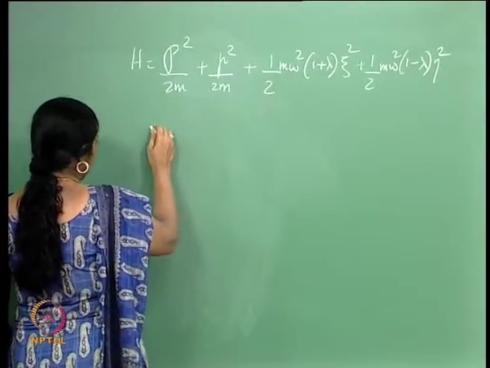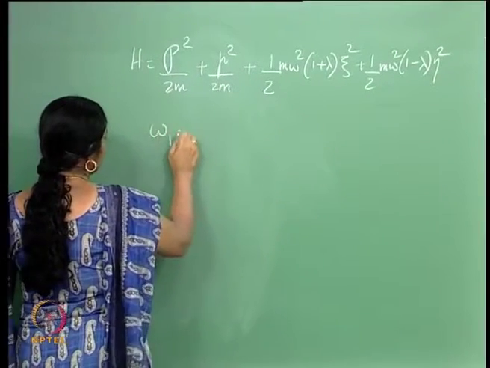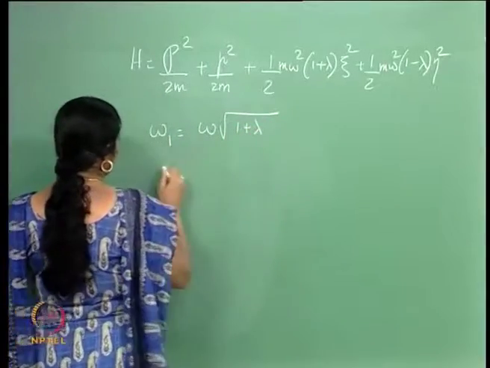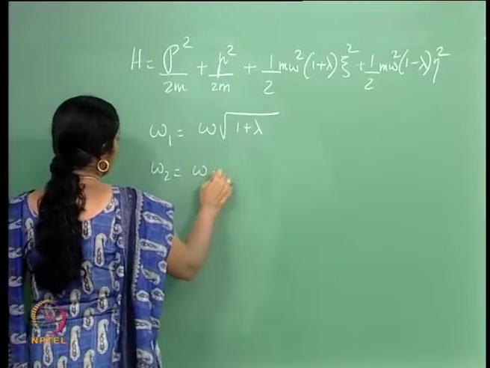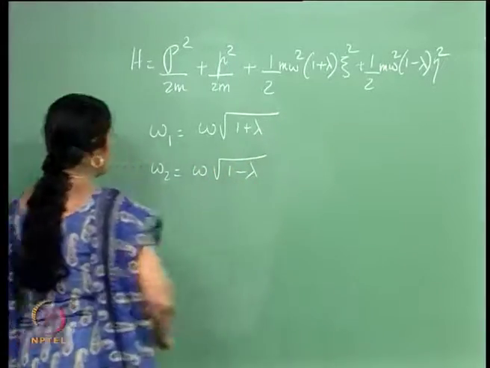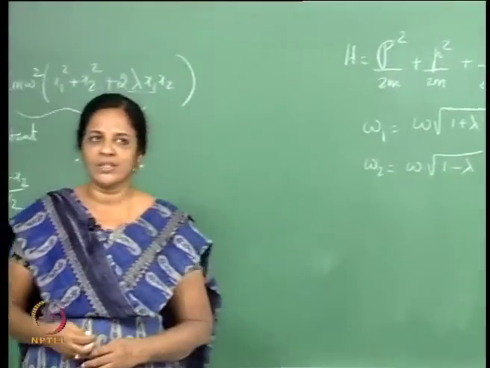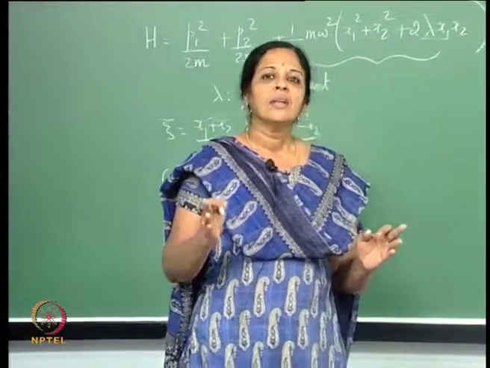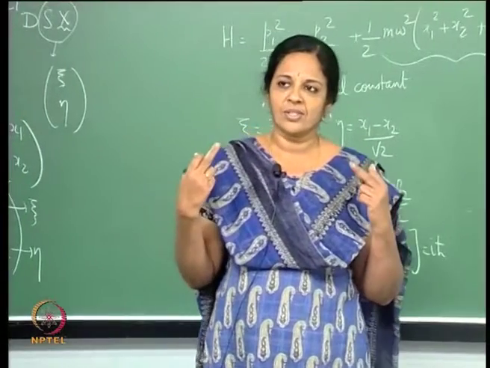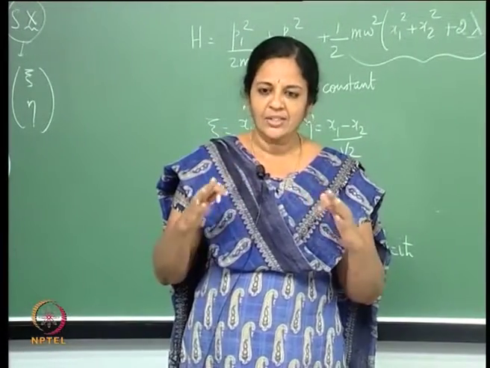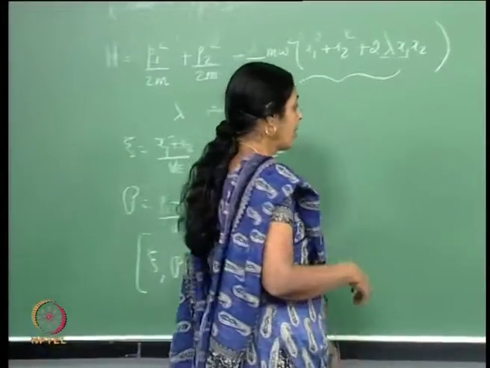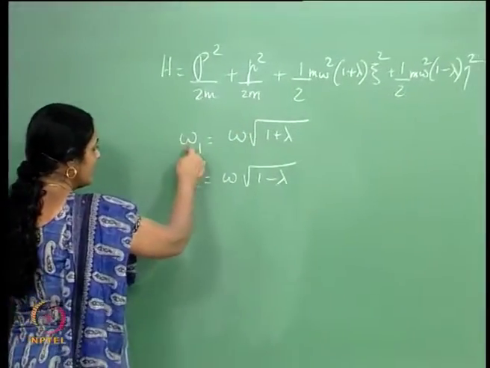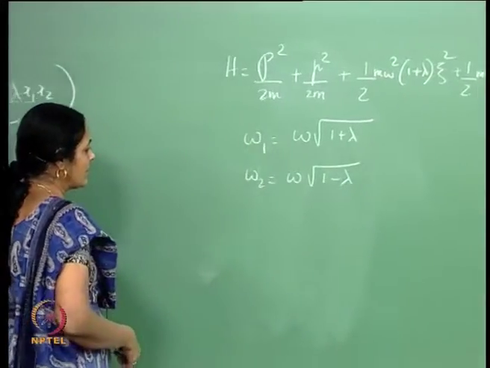Look at the frequencies. Oscillator 1 has frequency omega 1, which is omega root of (1 plus lambda), and oscillator 2 has frequency omega 2 given by omega root of (1 minus lambda). So, while the decoupling has been accomplished, originally I had two interacting oscillators which had the same frequency. Now, there are two non-interacting oscillators, but with different frequencies.